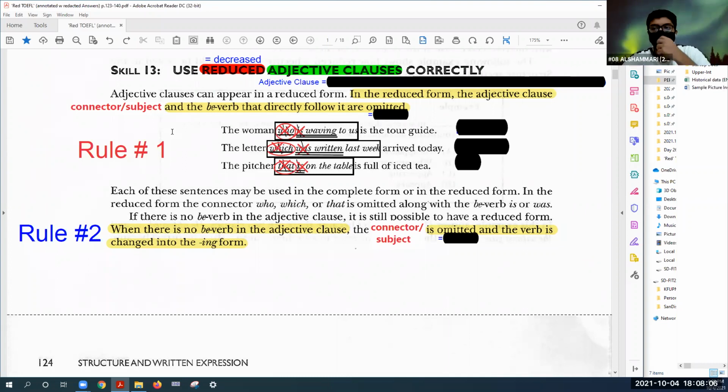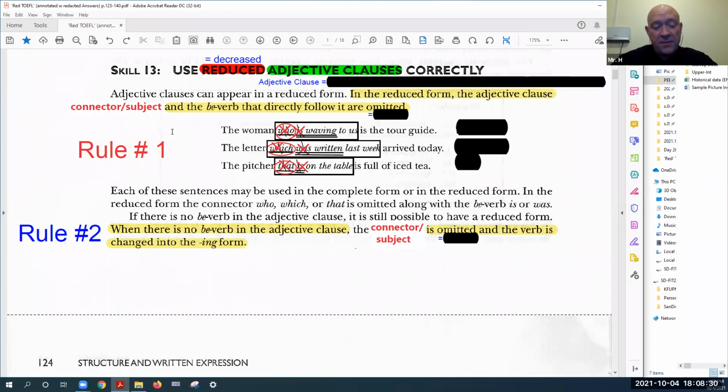Those are the three key parts. If it's a normal adjective clause, those are the three key parts: connector, subject, and verb. Now, you're going to find out the difference between this special adjective clause and a normal adjective clause.